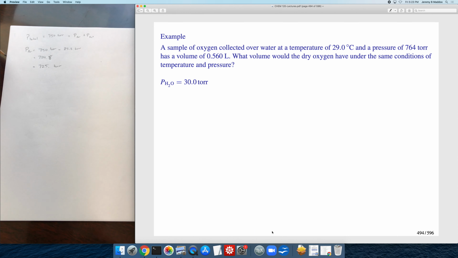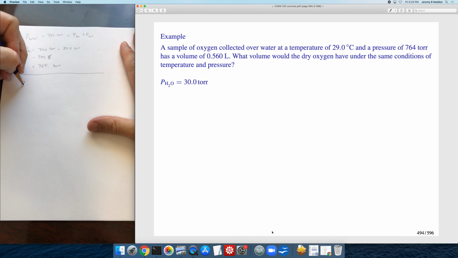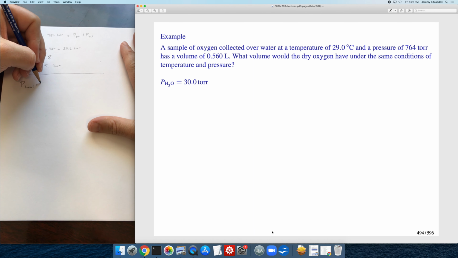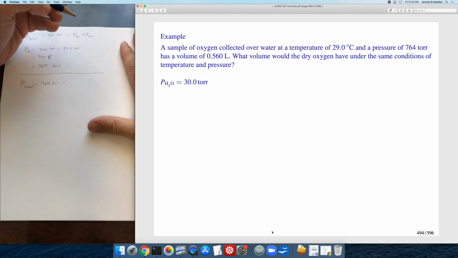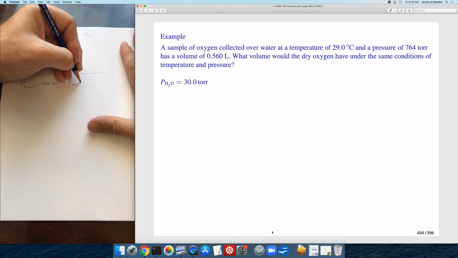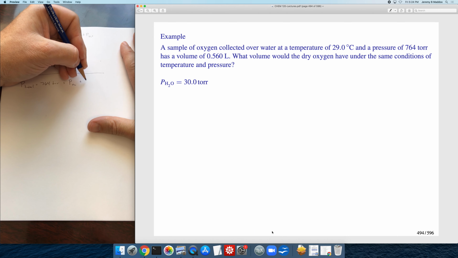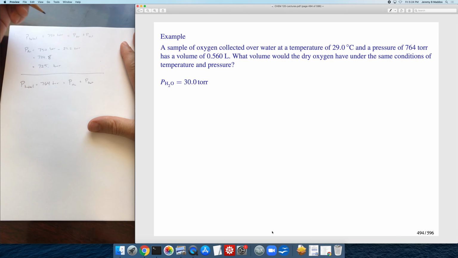So let's take the total pressure. P total is 764 torr, and that's equal to the pressure of the oxygen plus the pressure of the water vapor, just like we had in the first problem.